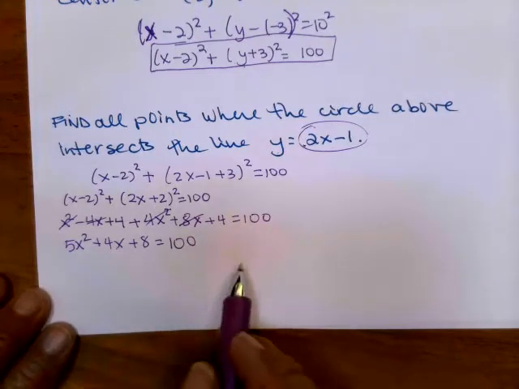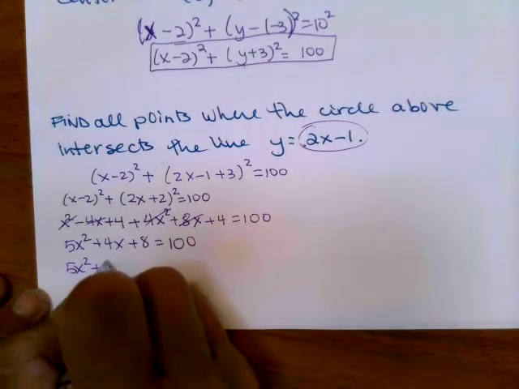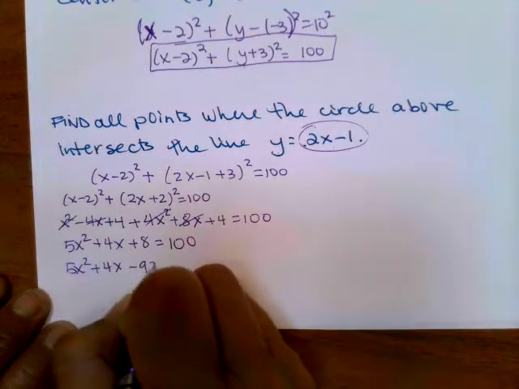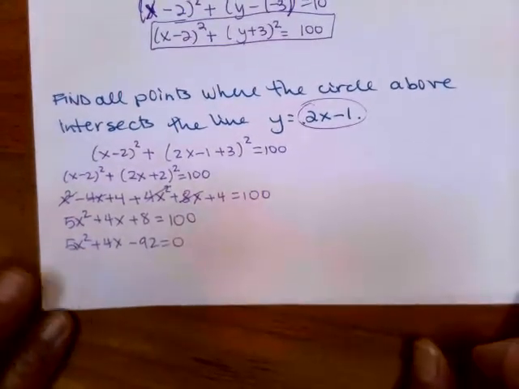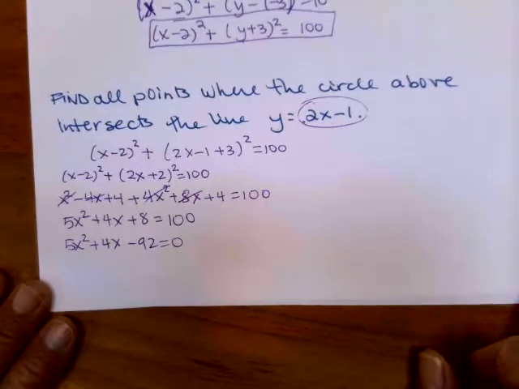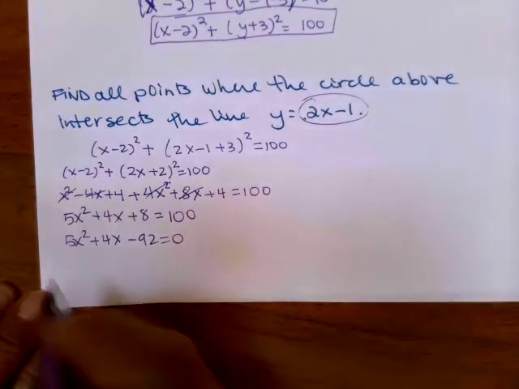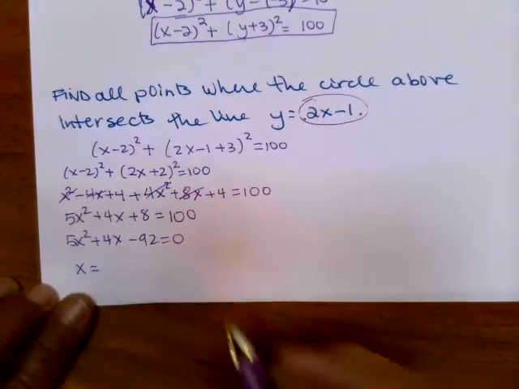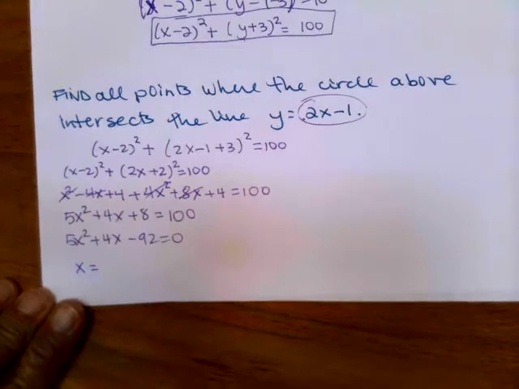So that means I need a 0, so I'm going to subtract 100 from both sides: 5x² + 4x − 92 = 0. So we could try to factor, but I'm not, because I've got a sledgehammer tool that always works on quadratic equations. Yeah, the quadratic formula.